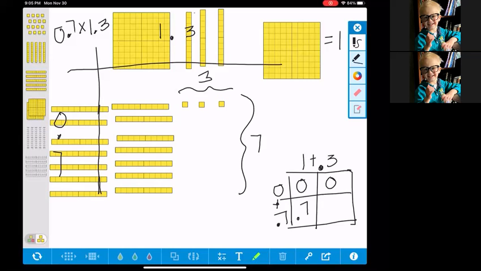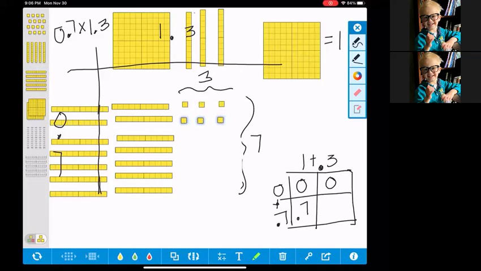So how many pieces fit in here? Or how many of these 3/10, how many times do I want that? Yes, you got it. Yeah, 7. And we can see that because of this area array model that we're using.